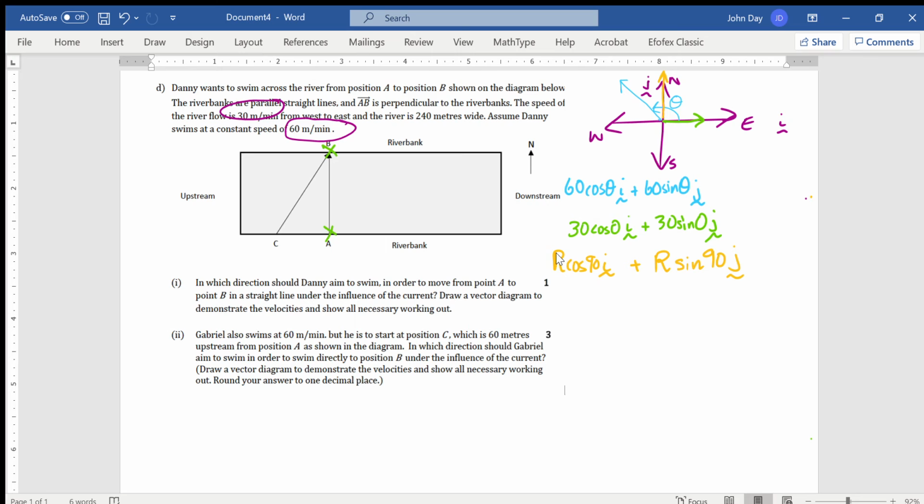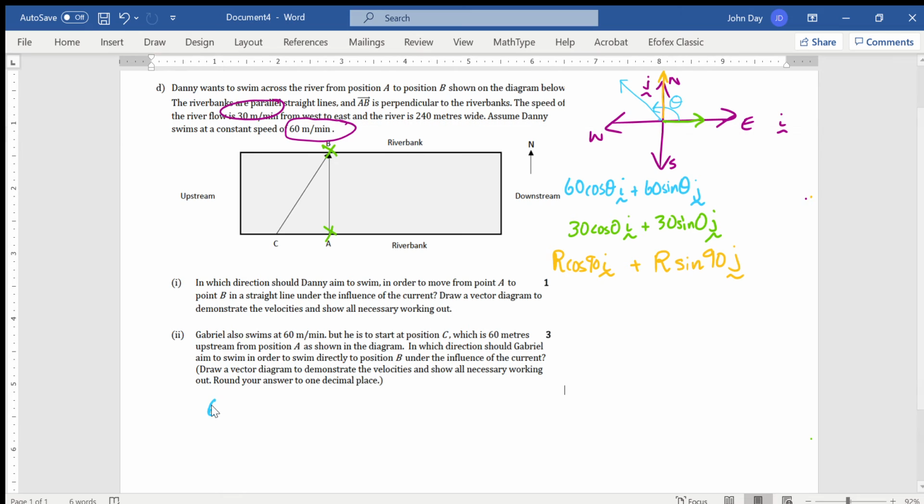Now the blue and the green one add together to give the resultant vector. All right, so let's do that, but I'll need a bit more room, so I'll go down the bottom of the page here. And the first thing I'm going to do is write down the blue one.